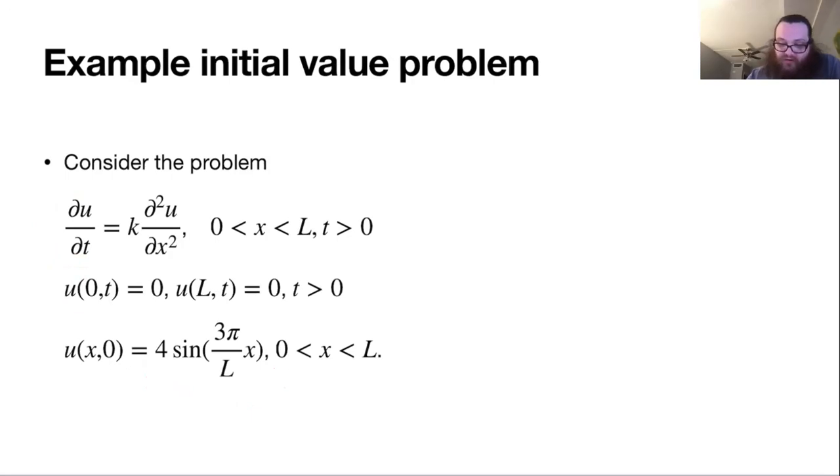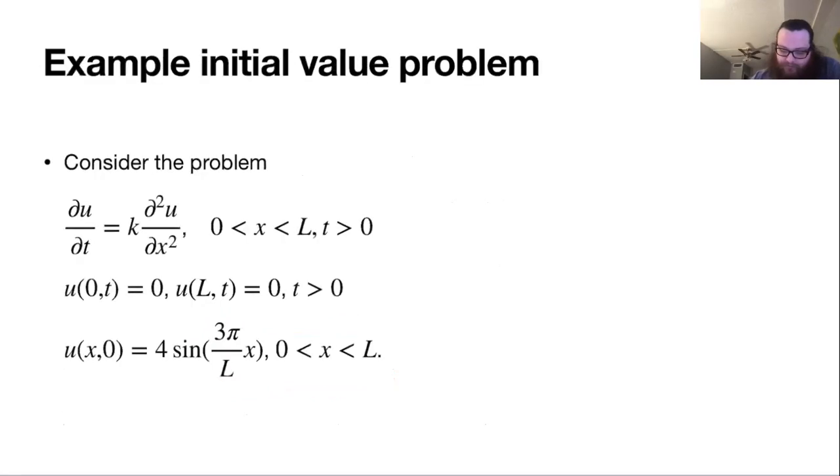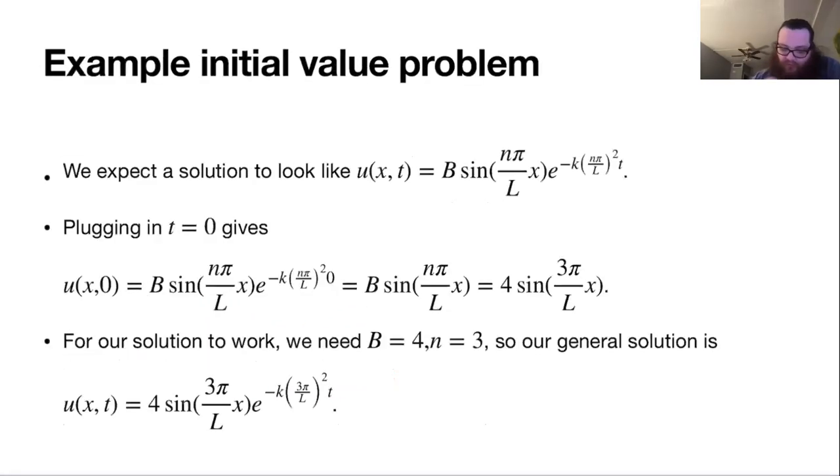The only difference from what we saw before, leading to constructing these product solutions, is that now we're specifying what f of x actually is. And so the question is, can we match this template solution to the given initial condition?